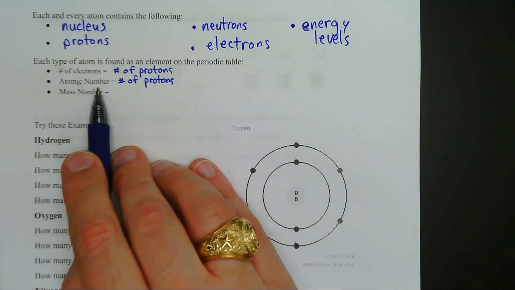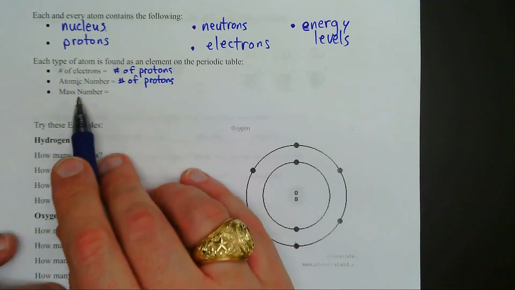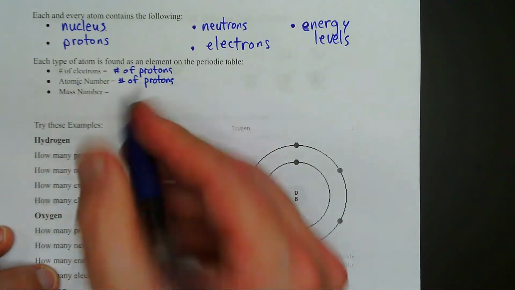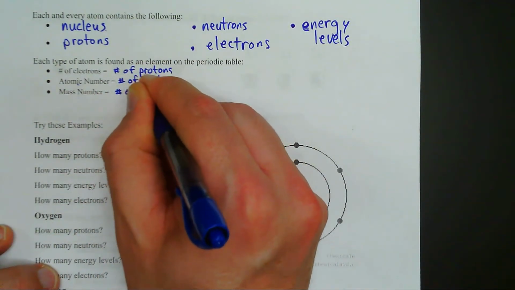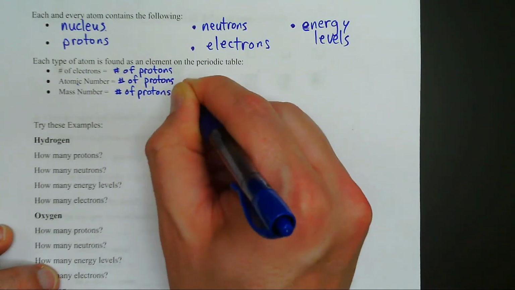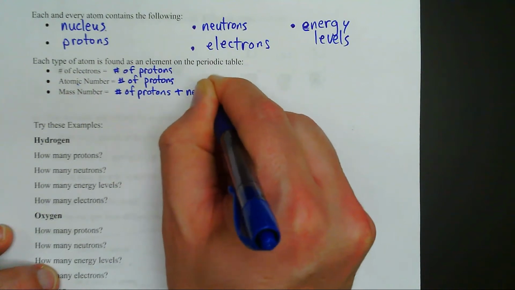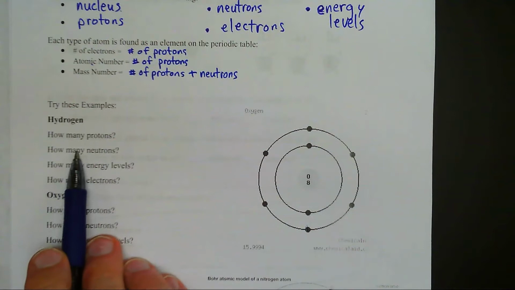So if you know the atomic number, you know protons and electrons, guys. The mass number is equal to the number of protons plus neutrons.